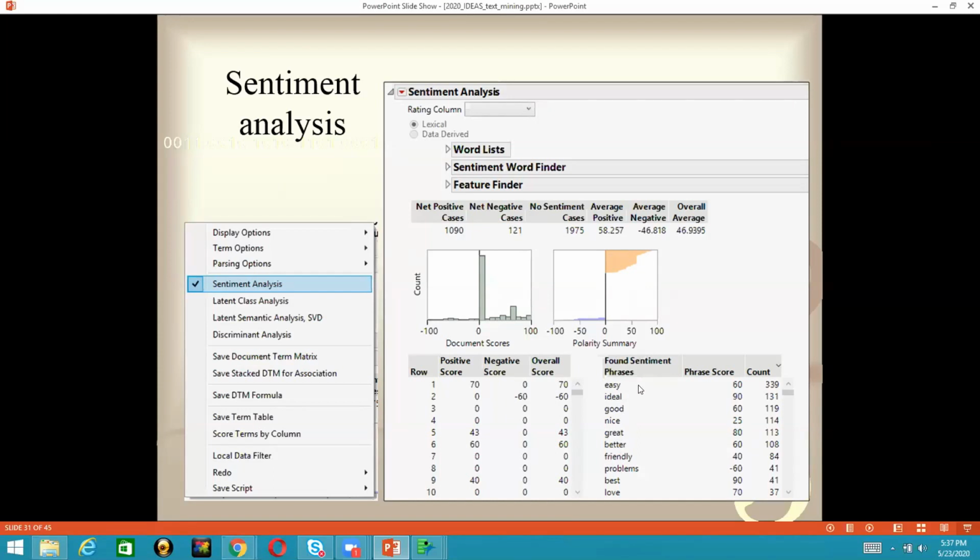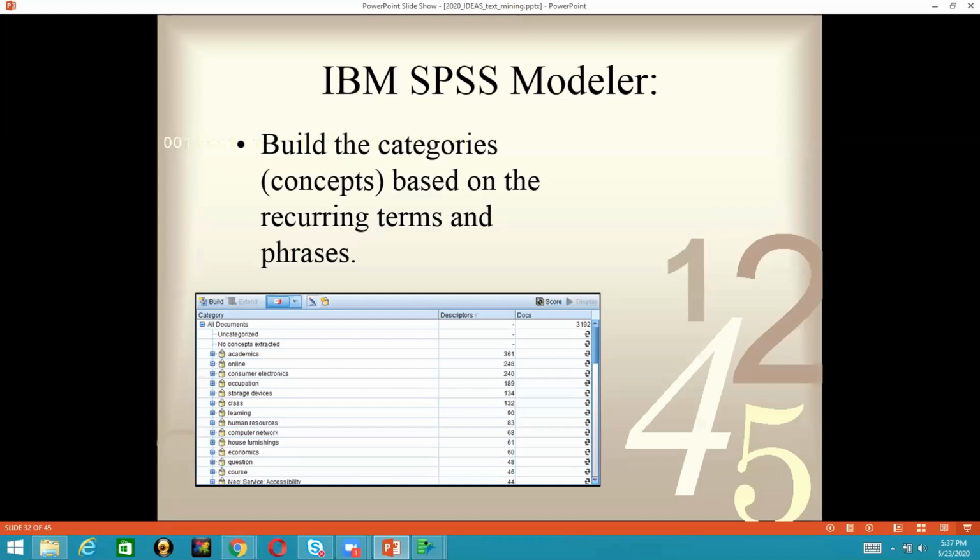Like problem is negative 60, right? Negative, but like easy, ideal, good, and so on. So here it shows you the overall big picture.